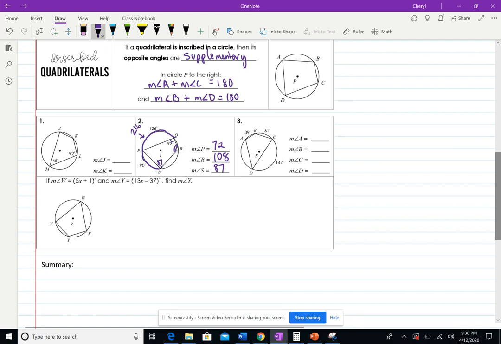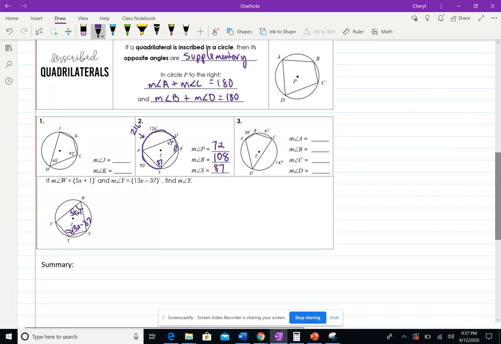All right, let's move on to number 4. It says, if measure of angle W is 5x plus 1, and measure of angle Y is 13x minus 37, find angle Y. Okay, so Y and W are supplementary.